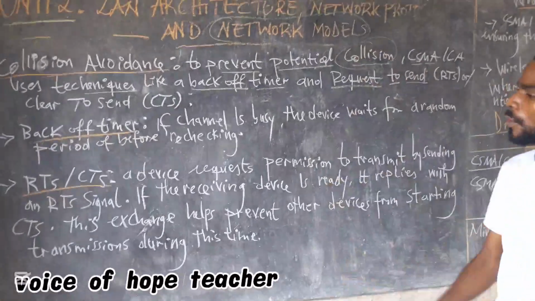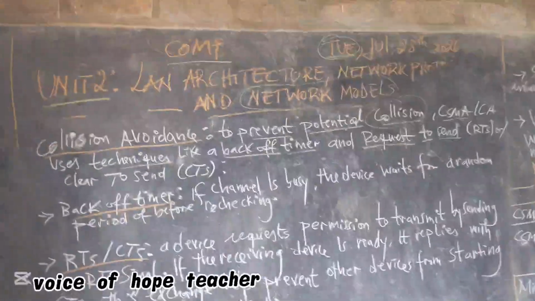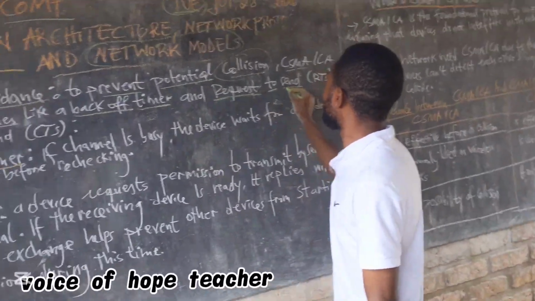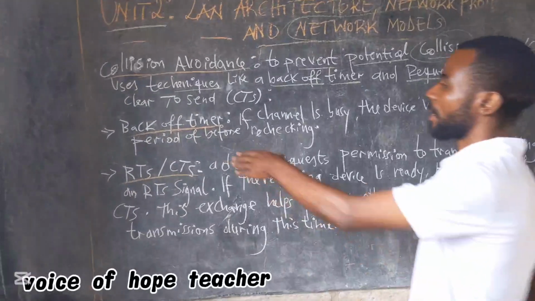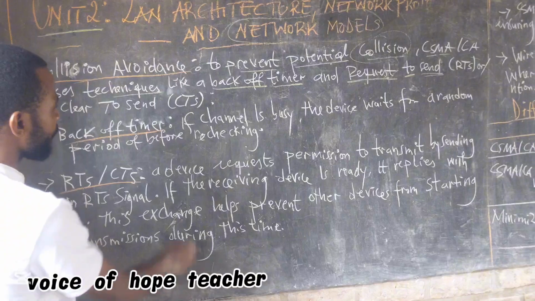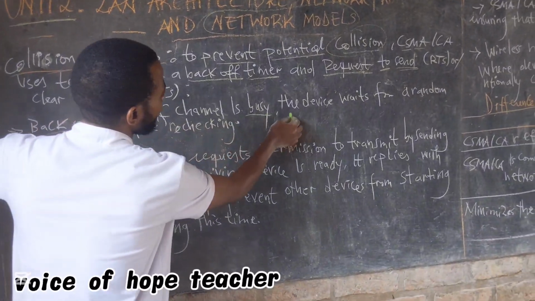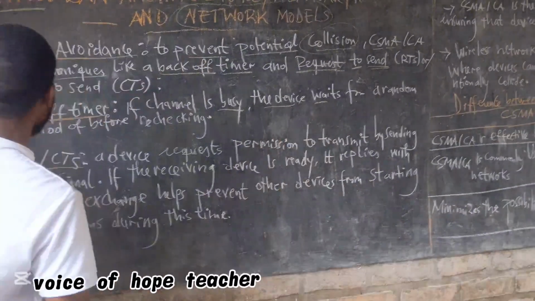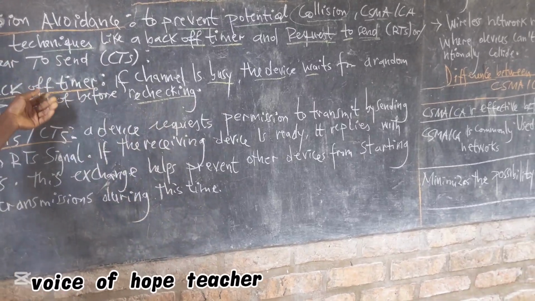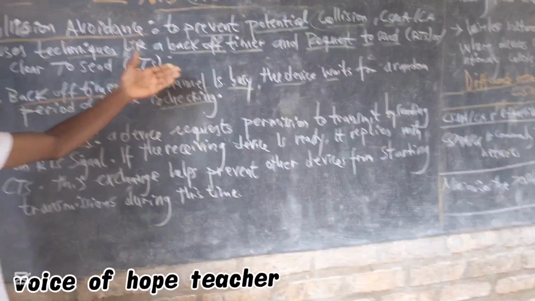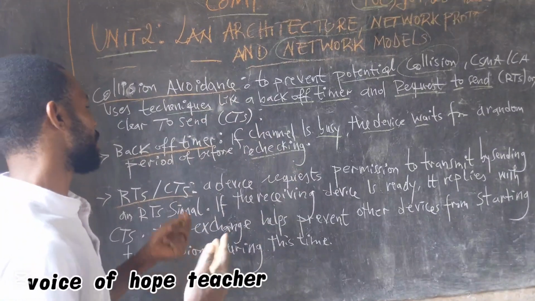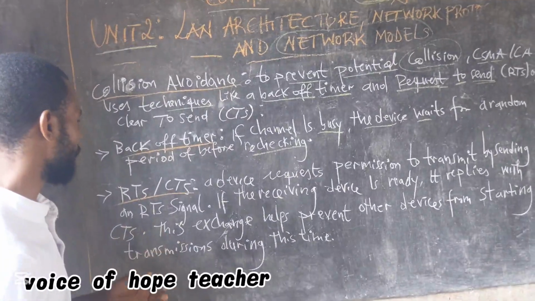Ikoresha uburyo bwa back-off timer cyangwa se request to send cyangwa se ndetse na clear to send. Back-off timer: if the channel is busy, the device waits for a random period before checking again.